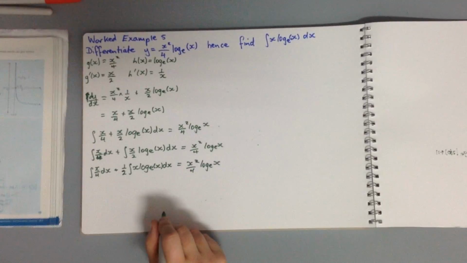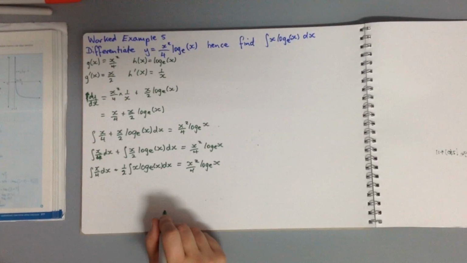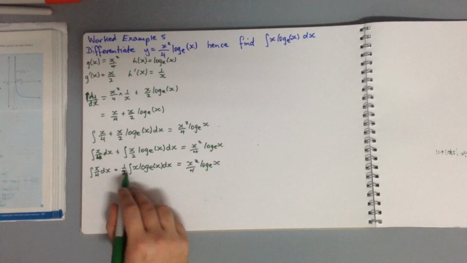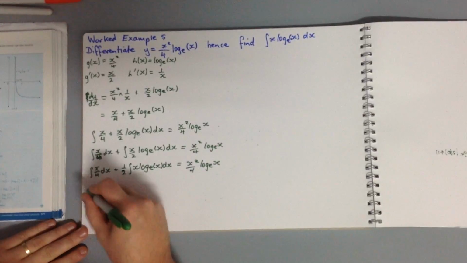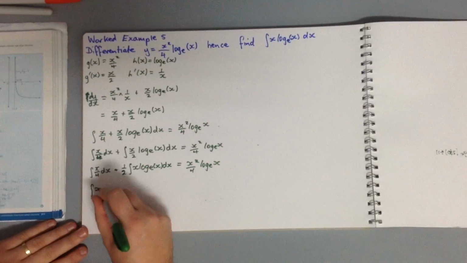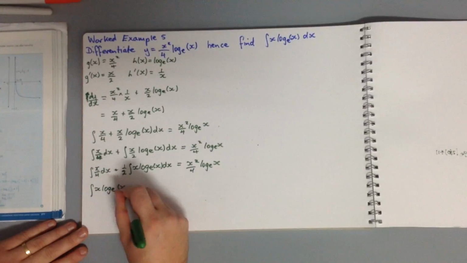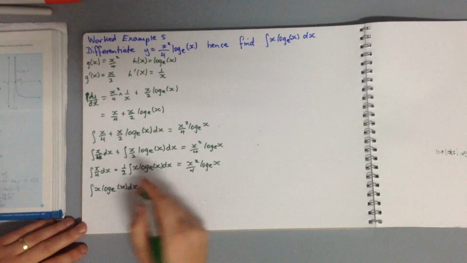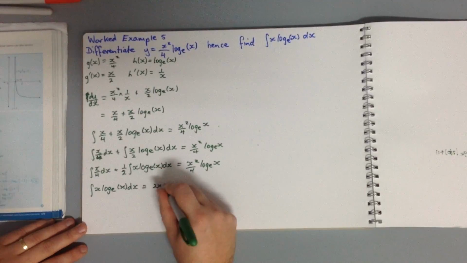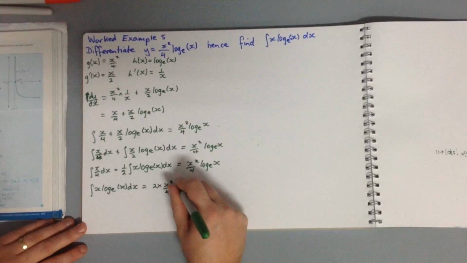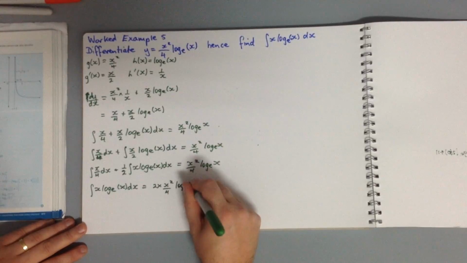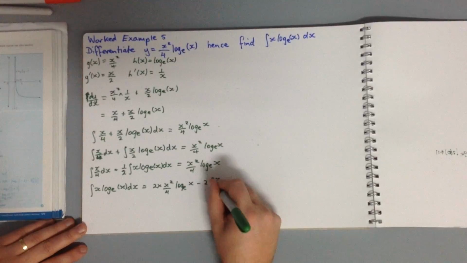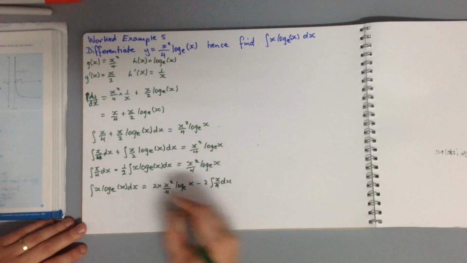Now we're simply going to start rearranging. We're going to bring this across, and then we're going to multiply by 2. So our integral of x log to the base e of x dx is going to equal 2 times x squared on 4 log to the base e of x minus 2 lots of the integral of x on 4 dx.